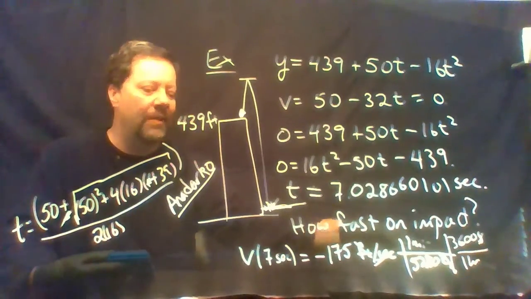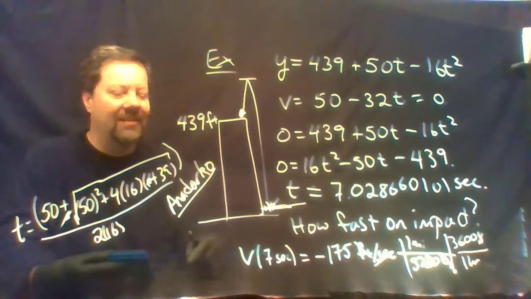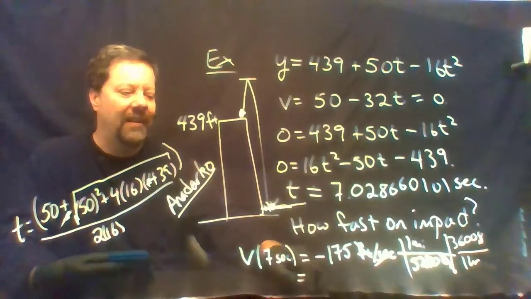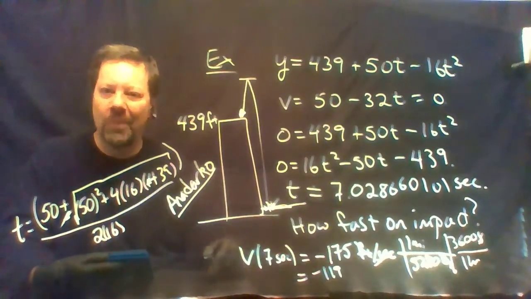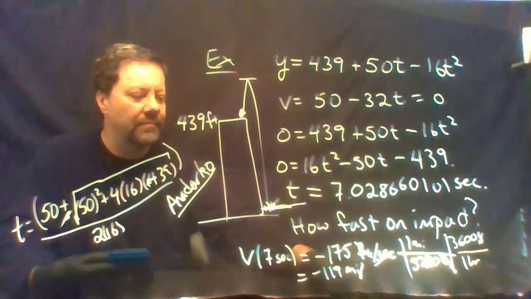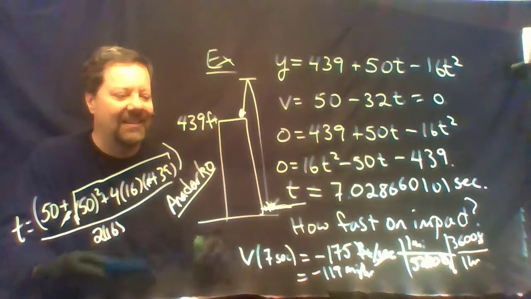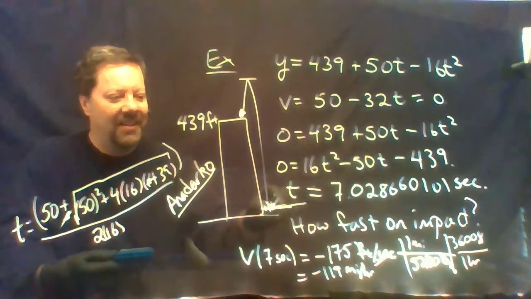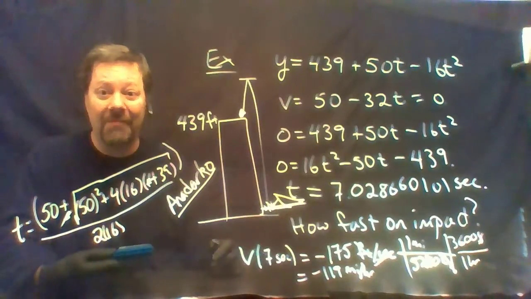I'm left with miles per hour. How many miles per hour is the object going when it hits the water? The answer is 119.26 miles per hour. You definitely don't want to be down here on a boat when that thing comes flying through.